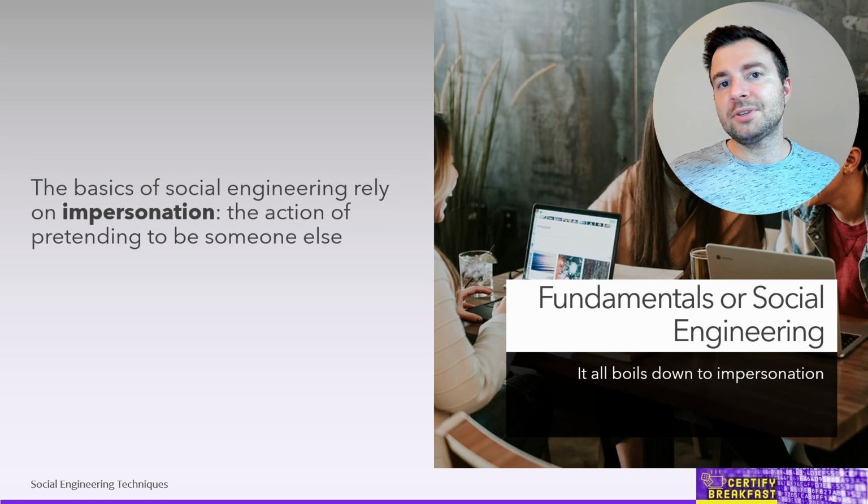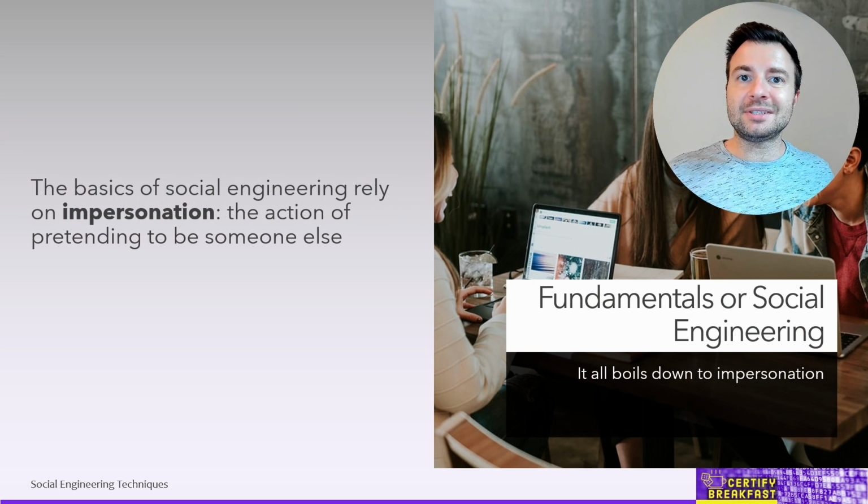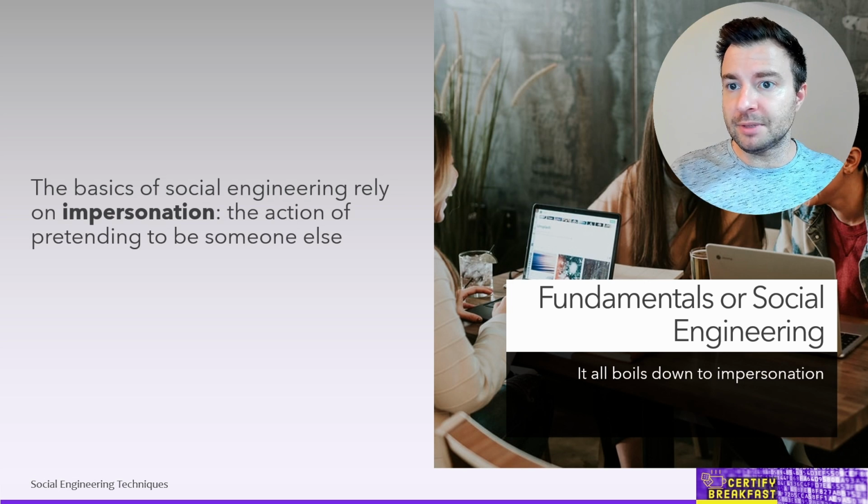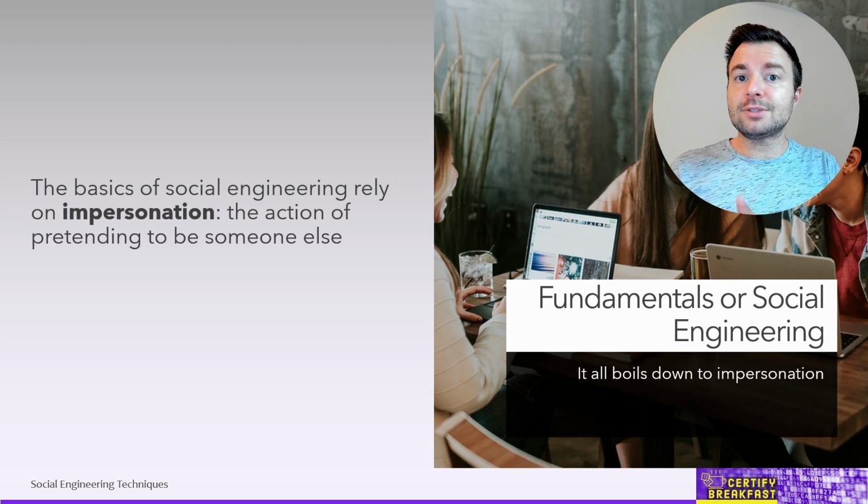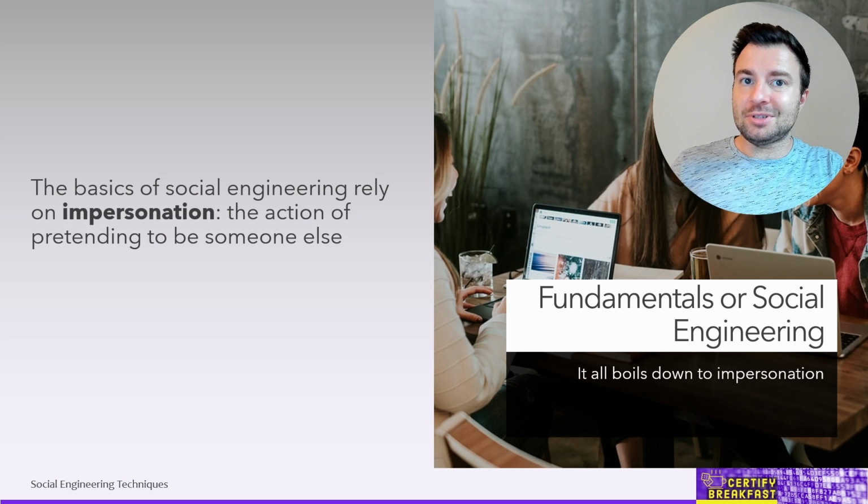So the fundamental principle of social engineering can be summed up in one single word: impersonation. Pretending to be somebody else that either has authority over the person that you're targeting or is trusted by the person that you're targeting.